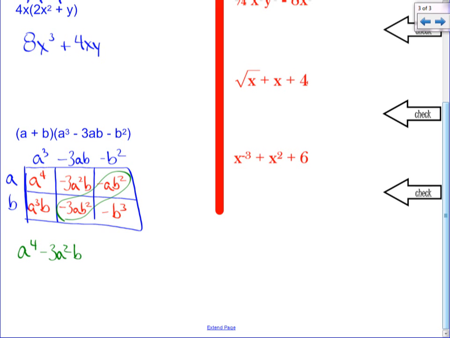And then what is this term going to be? When we put those two together that I circled. If we had negative 3x and negative x, and we combine them, what would it be?